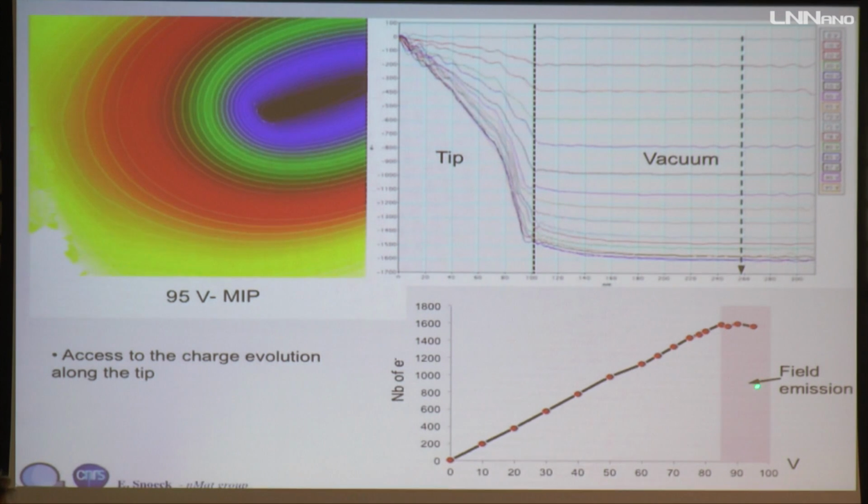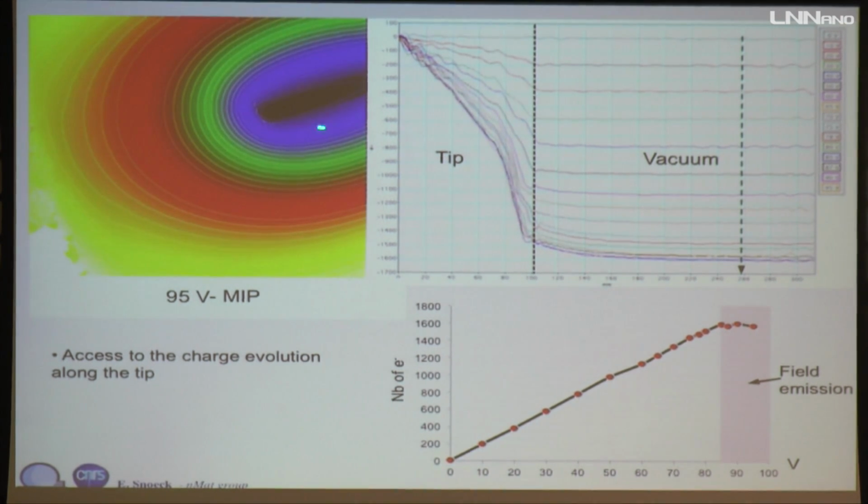And then when you reach the field emission state where electrons are passing through, of course, you have a stable one. And then you have access to the charge evolution and also the distribution, because if you look at the fine structure of this curve, you see there are actually two regimes. There is one regime here and another one here.